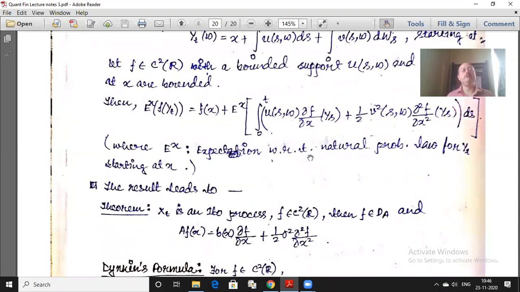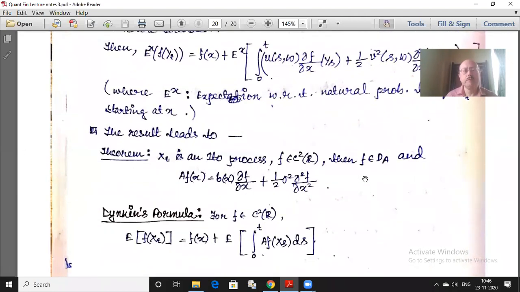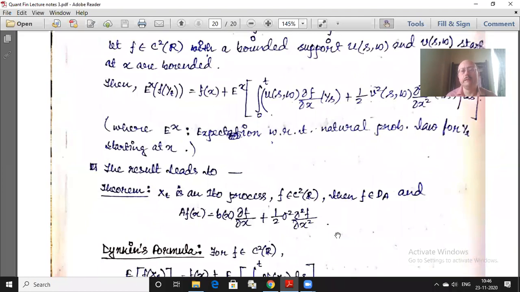And again, we will use the usual arguments of linearity and conclude that my generator will be b(x) ∂f/∂x + ½σ² ∂²f/∂x². You can write it in terms of u, v or in terms of b, sigma, but this is the more popular version, because usually the Ito process is written as b dt + σ dW.